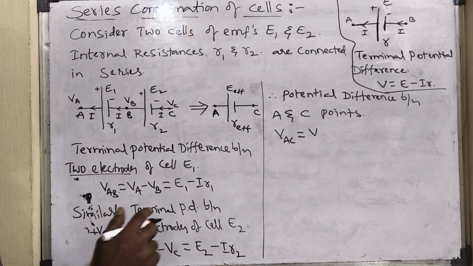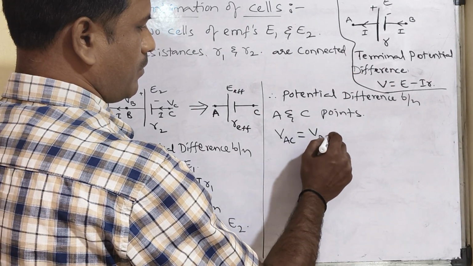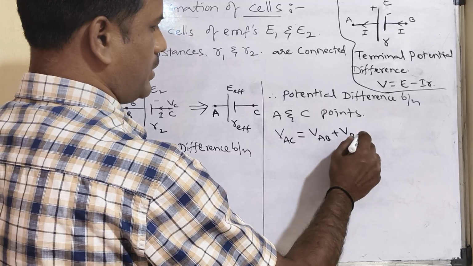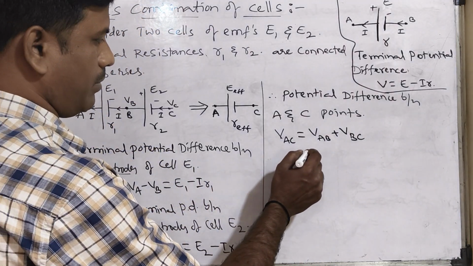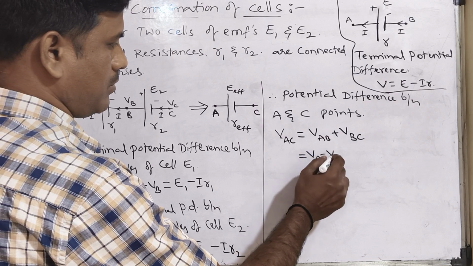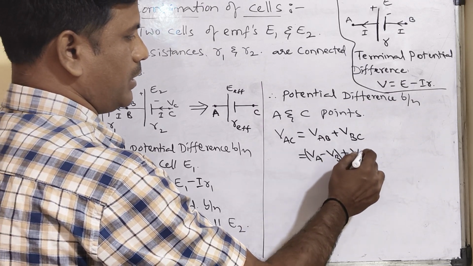So VAC is equal to VA minus VB plus VB minus VC.